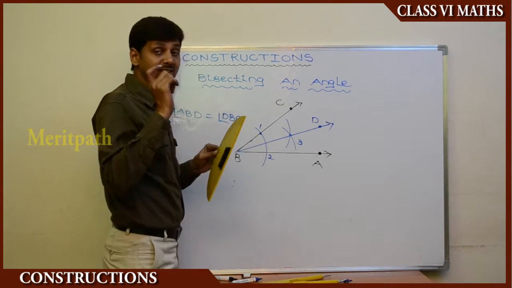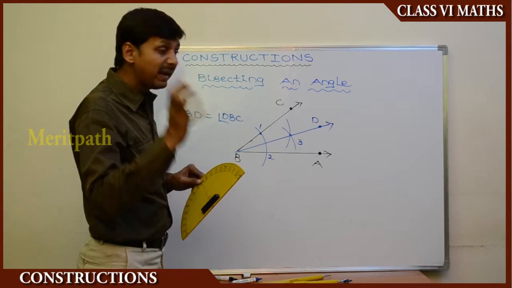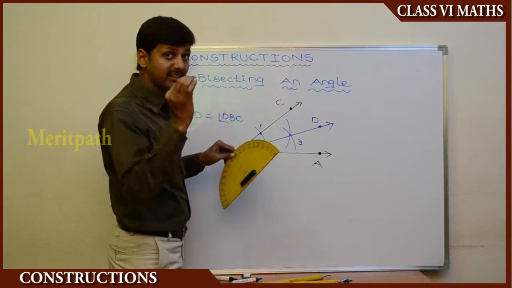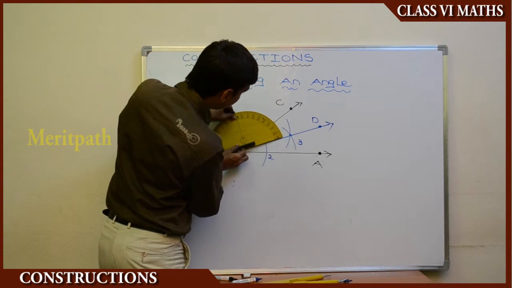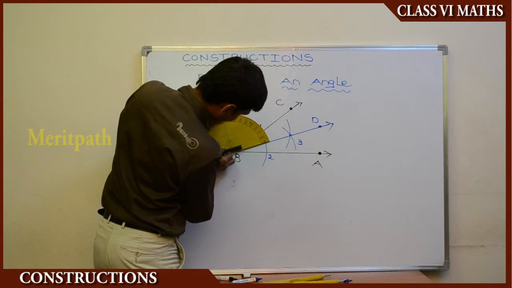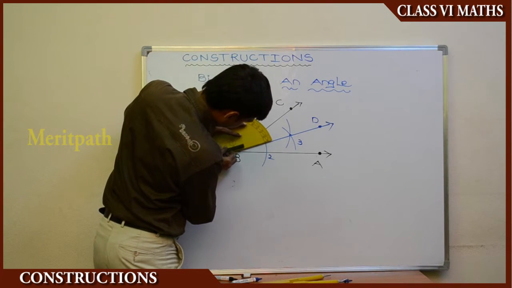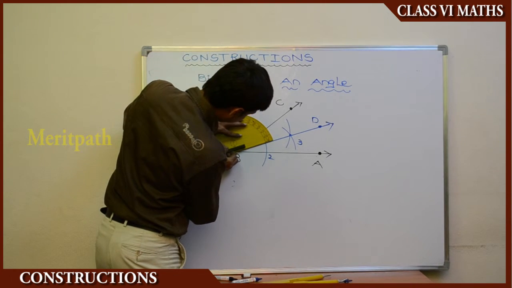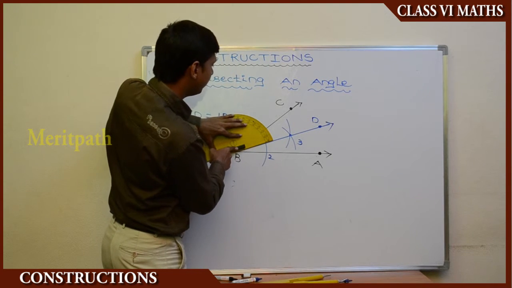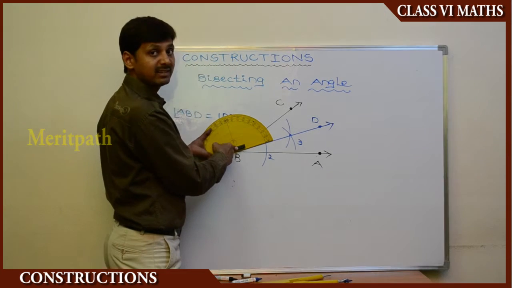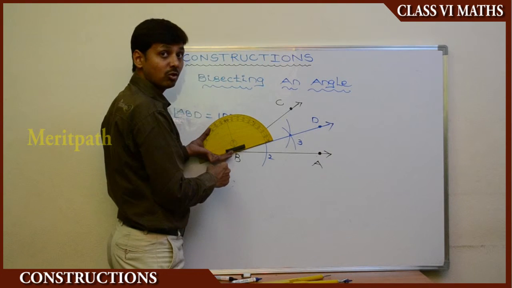Let's place this protractor on the base BD, at vertex B only. So the protractor is placed at vertex B on the base of BD.